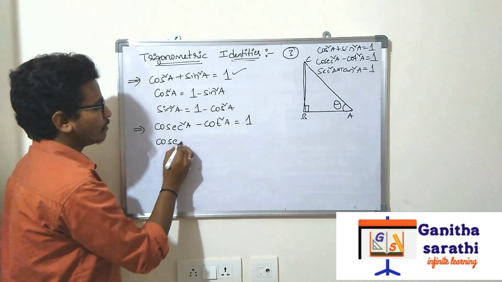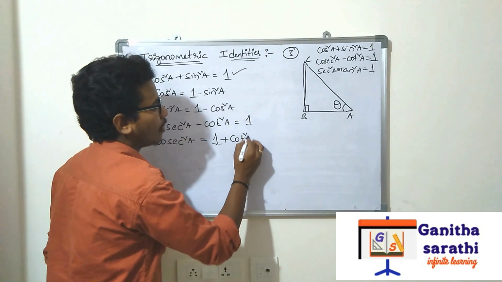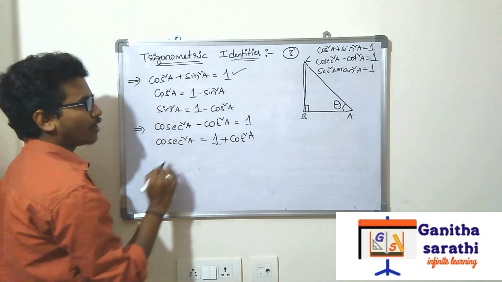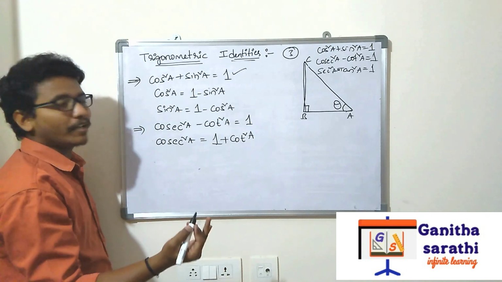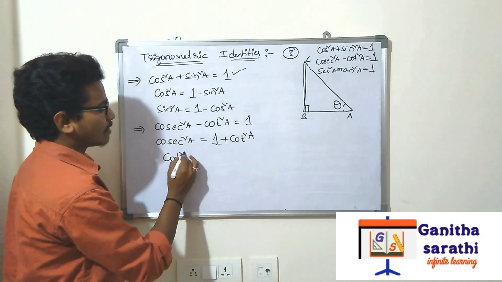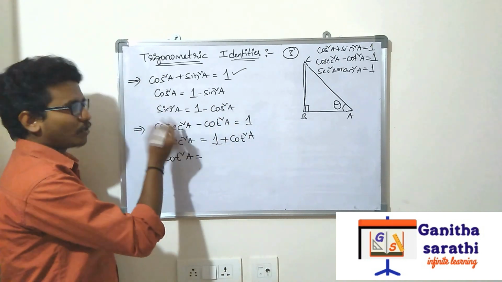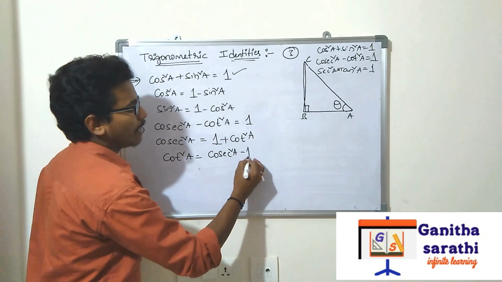Cosecant square A is equal to 1 plus cot square A. Next, how will you find cot square A? Make this minus cot square A go to the other side, it will become plus cot square A. Make this plus 1 go to the left hand side. Cot square A is equal to cosecant square A minus 1.